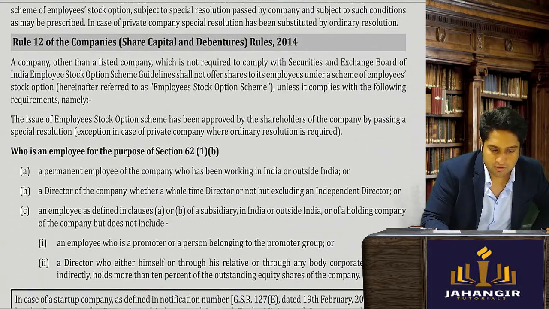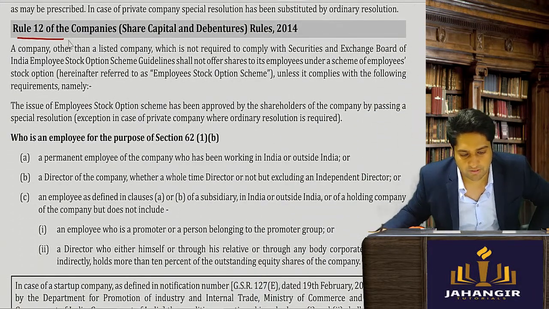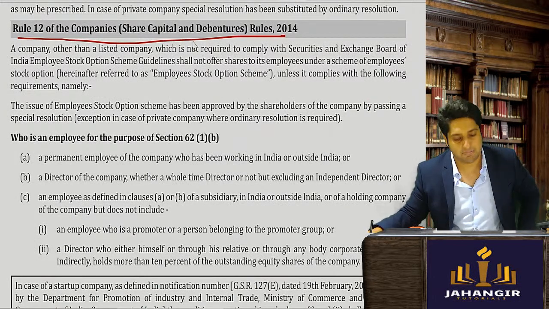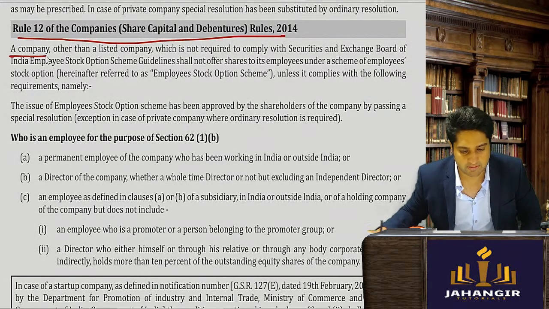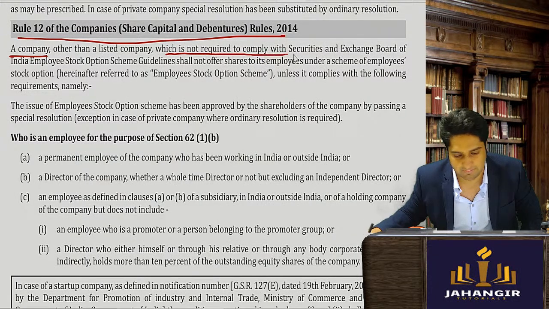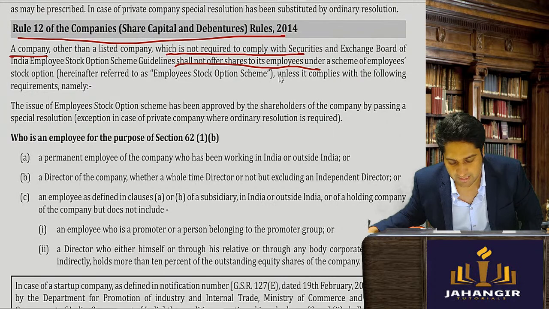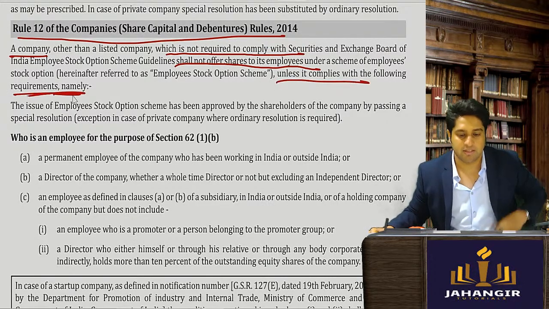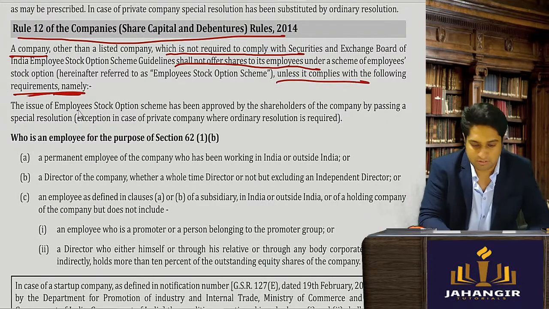Okay. Now rule 12 of the Companies (Share Capital and Debentures) Rules. A company which is not required to comply with SEBI shall not offer to its employees under the scheme unless it complies with the following requirements. So they have to comply with all these requirements.